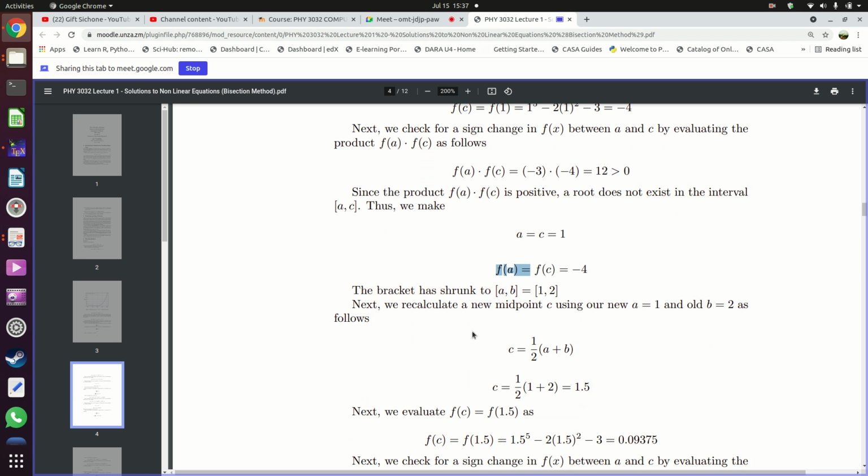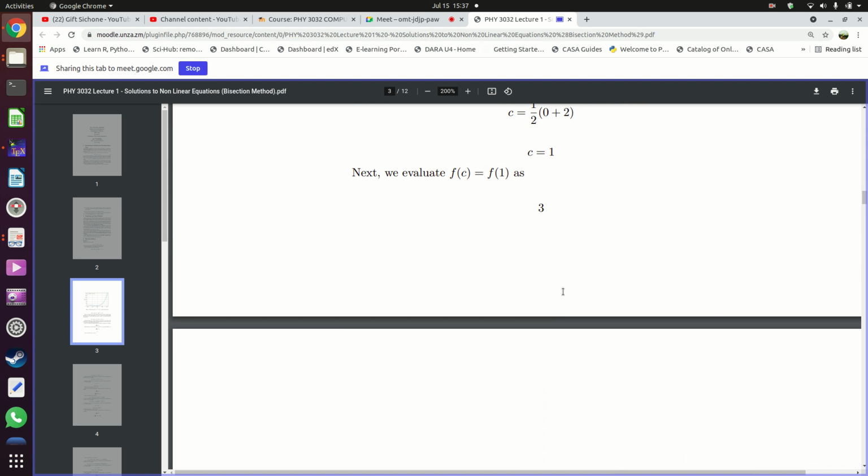Are we clear? Yes, sir. So with this change, our bracket has become smaller. Instead of AB being 0,2, now our A is 1, so our bracket is going to be 1,2.